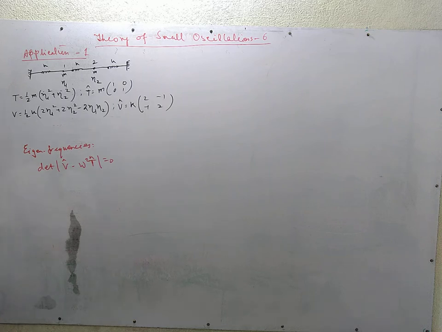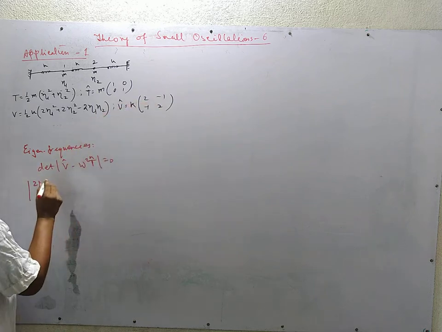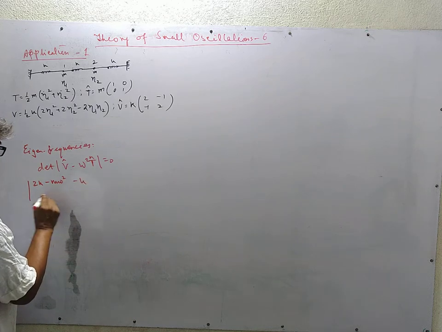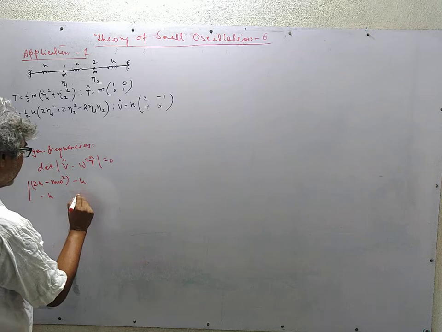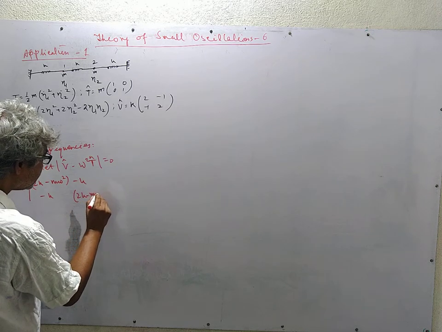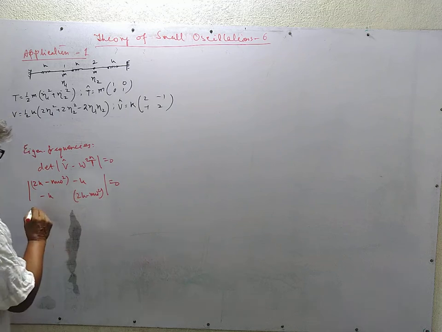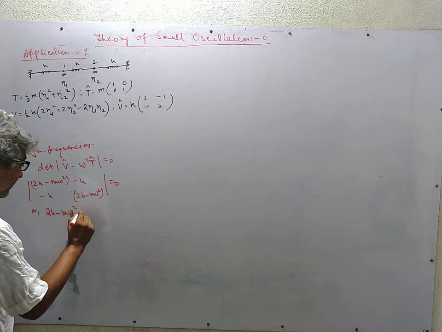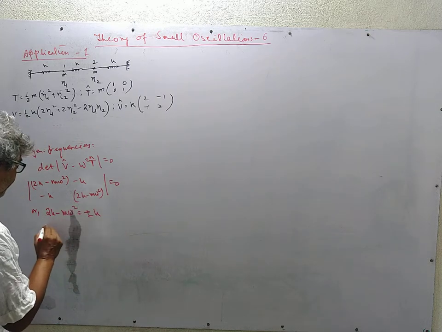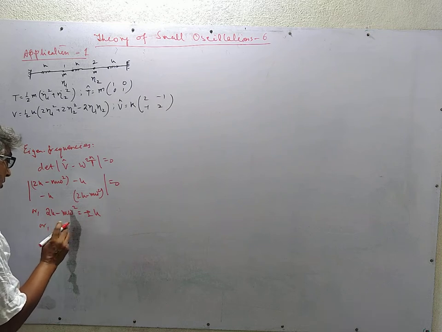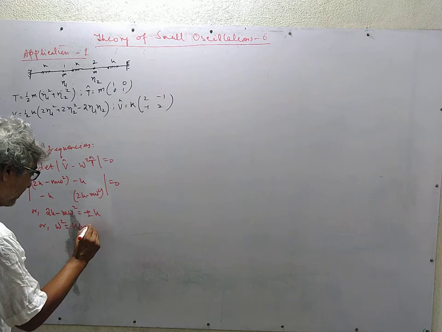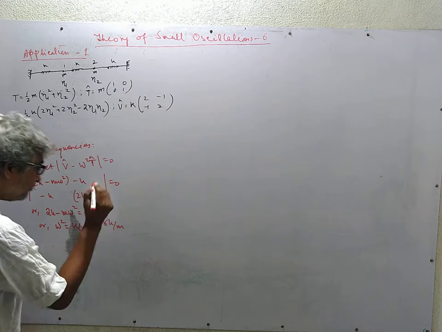Here we have 2k minus m omega square, minus k, minus k, 2k minus m omega square, equal to 0, or 2k minus m omega square is equal to plus or minus k, or omega square is equal to k by m or 3k by m.